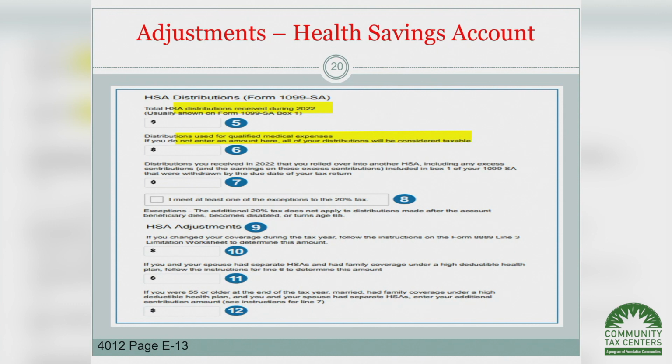Question? I was just wondering what happens with the money if you don't use it. I know you don't lose it, but does it just stay in an HSA or roll over or anything like that? That's a good question. It just stays there.